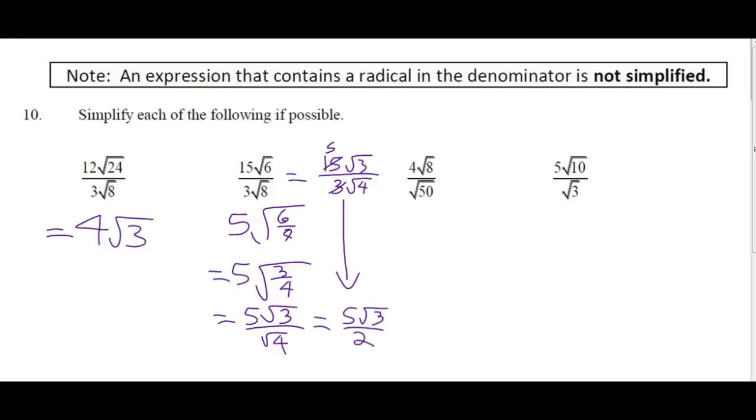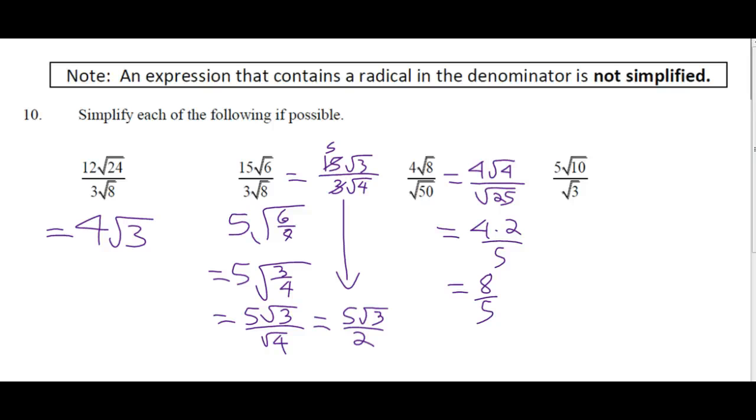They're both even, so we know 2 goes in, right? Is there a higher number than 2? If 2 goes in, does 4 go in? No. Okay, so if 2 goes in, this becomes 4 root 4 over what? Root 25, which is 4 times 2 over 5, which is 8 over 5.